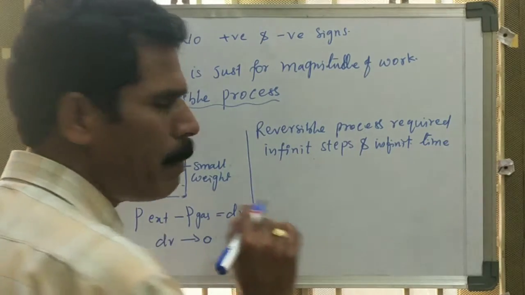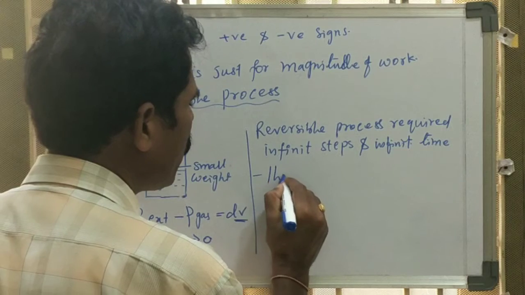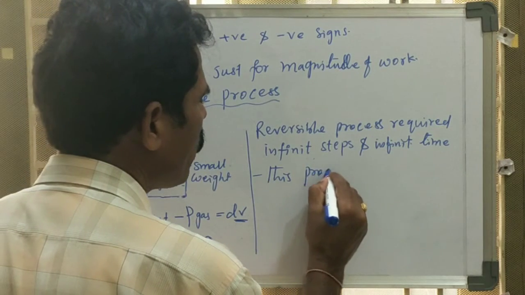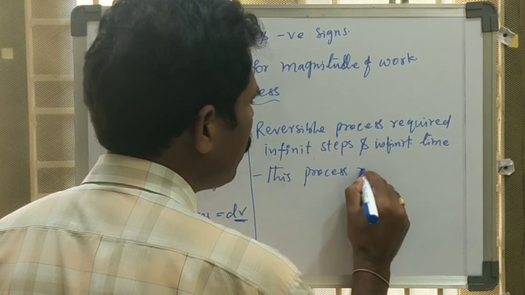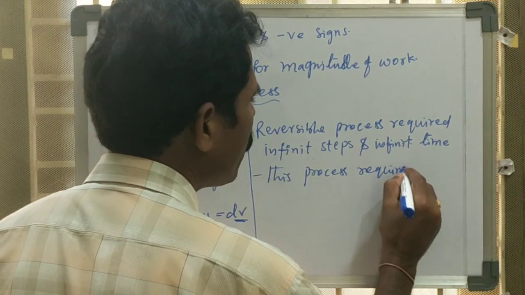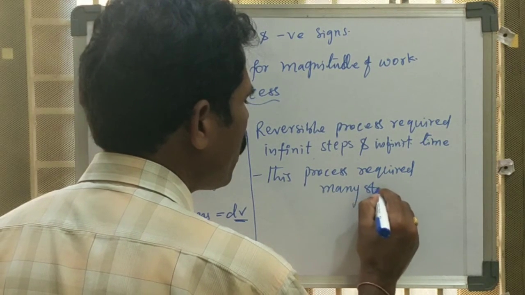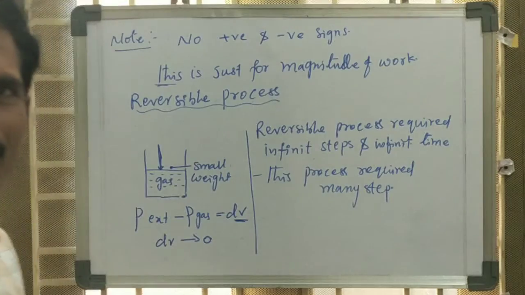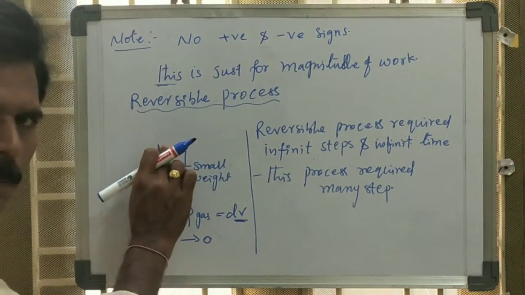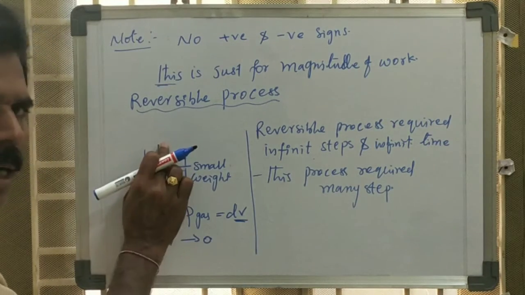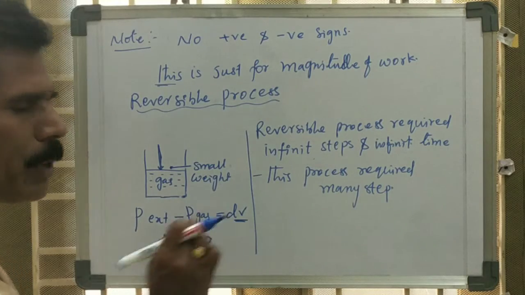So that process will proceed very slowly. So here, P external, the atmospheric pressure, minus pressure of gas is equal to dV.